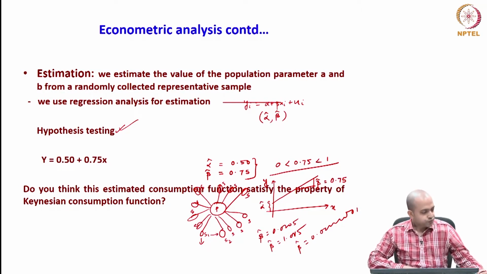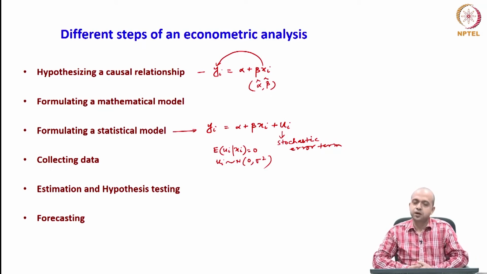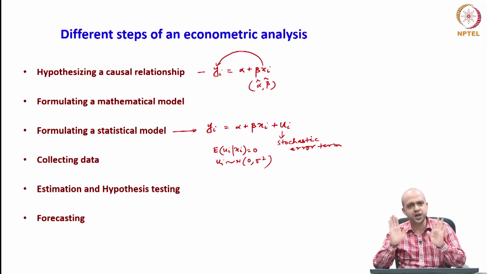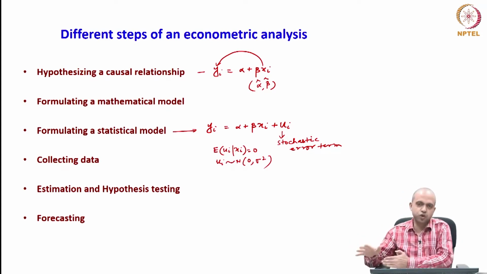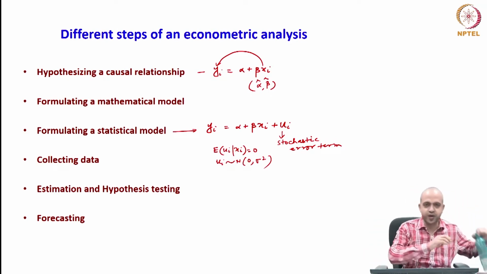Now, once you go for hypothesis testing, what is our next step? Forecasting. Instead of forecasting, I would say prediction, since we are going to use the cross sectional data. With hypothesis testing, you have established that my beta hat is significant not only mathematically, but also statistically, because I have ensured that even if I collect another sample, my beta hat value will be significantly different from 0, and it is not by a chance factor.